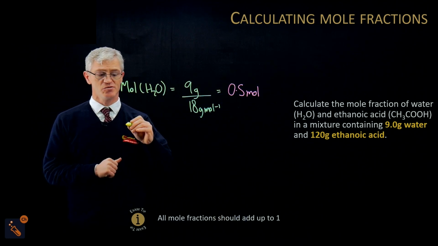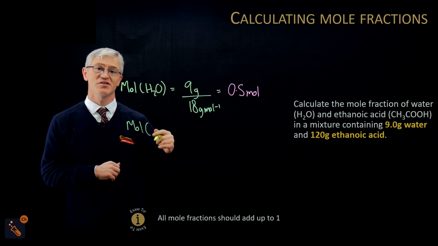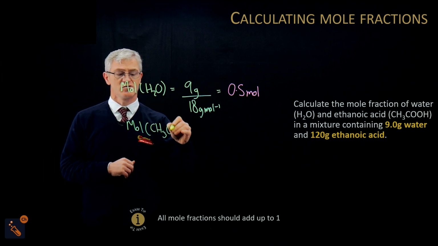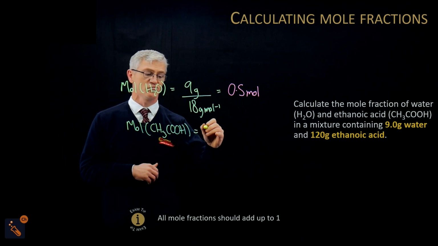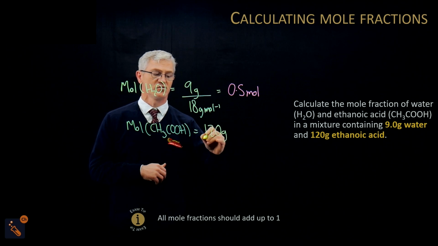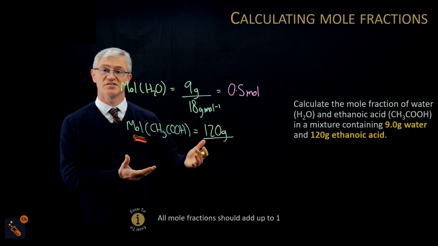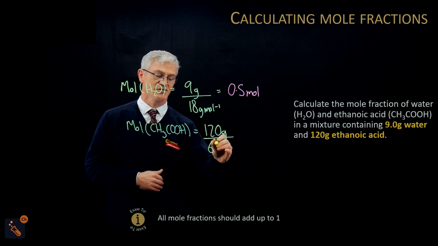Now we're going to do our moles, but this time of our acid, ethanoic acid. That's 120 grams, and we divide that by its relative molecular mass, which is 60.